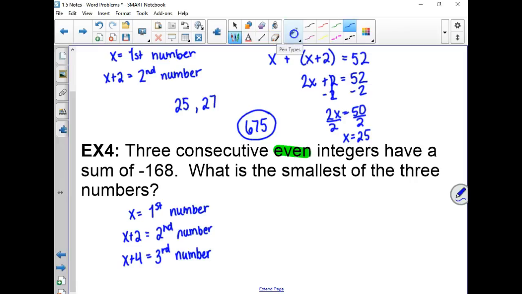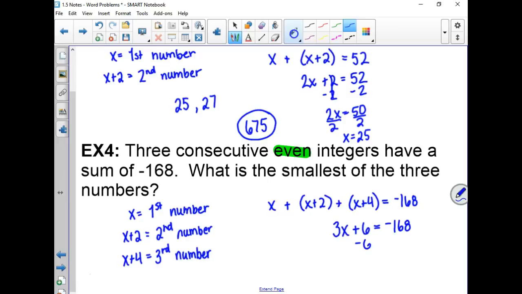So we would add those together, x plus 2 plus x plus 4, and the sum should equal negative 168. So we're going to combine our like terms here. 3x plus 6 is going to equal negative 168.